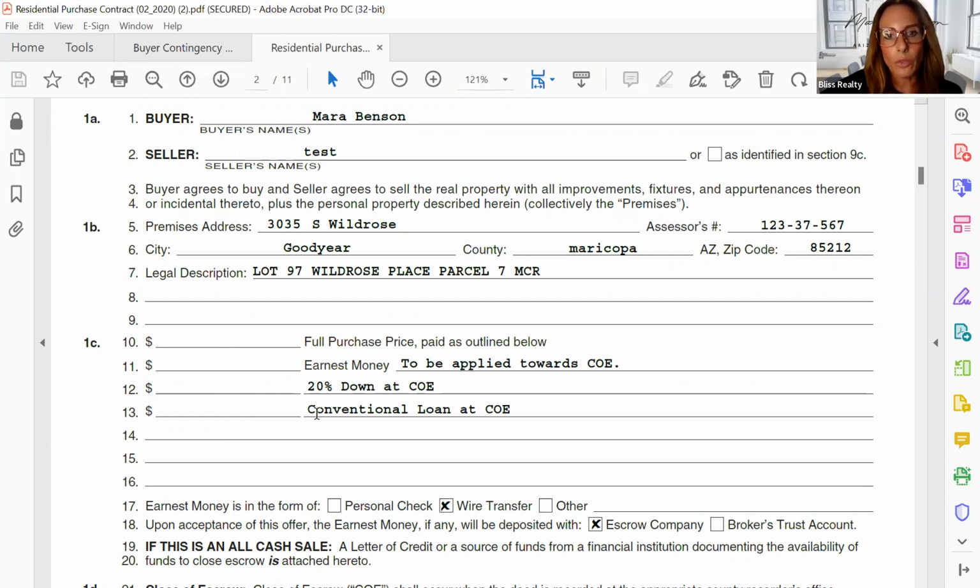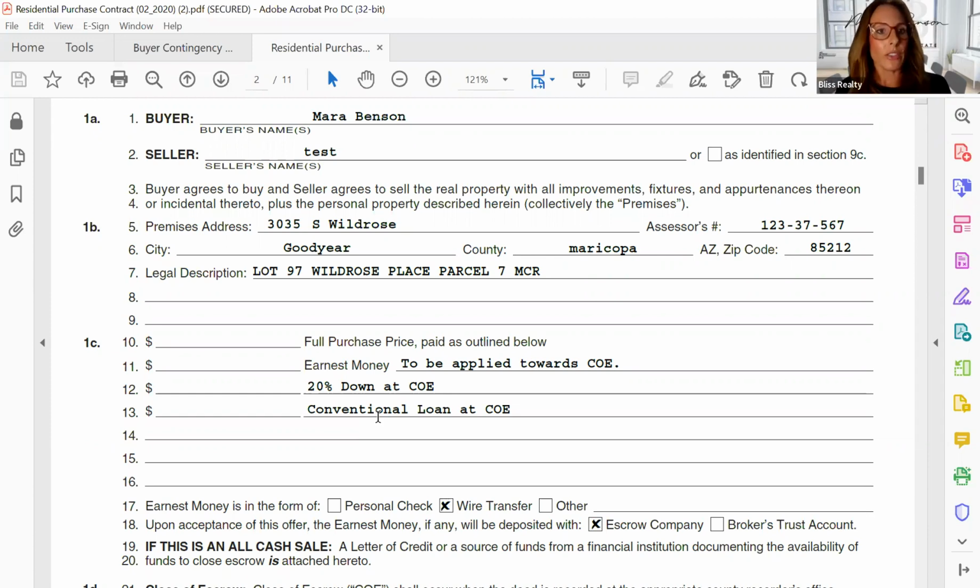And then what kind of a loan is your client doing? Now, super, super important, guys. Once you make your offer and you have your AZ pre-qual, the AZ pre-qual is part of the purchase contract. You can't make an offer without it.